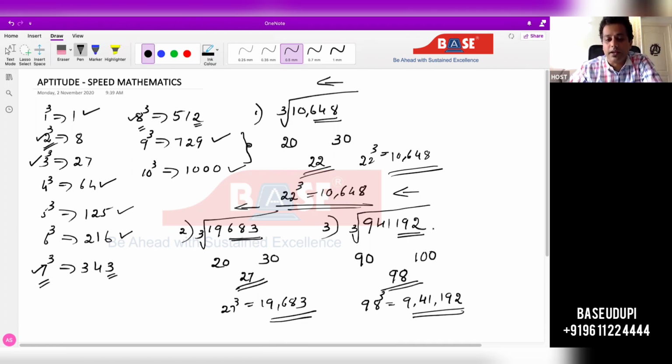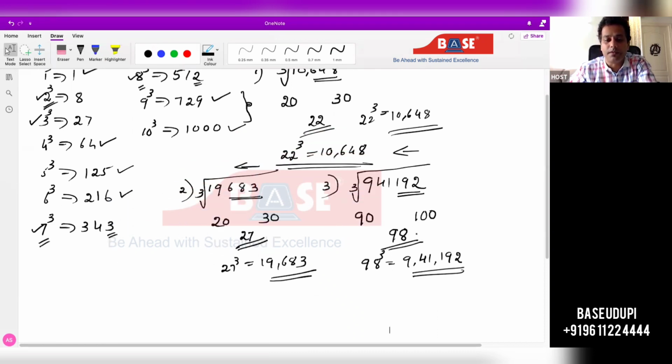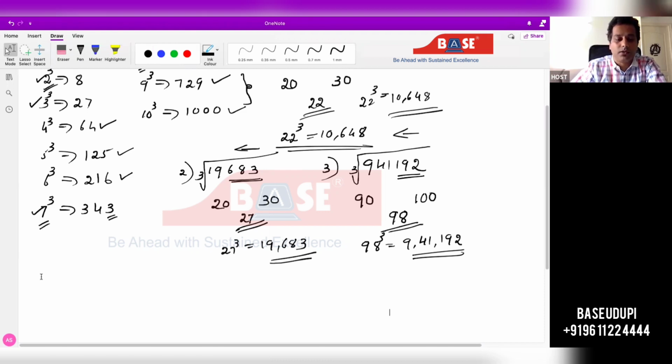Let me take the other digits now. If I take a number that this time ends with 5. So let me take the fourth one, 15625. We are finding cube root, remember.